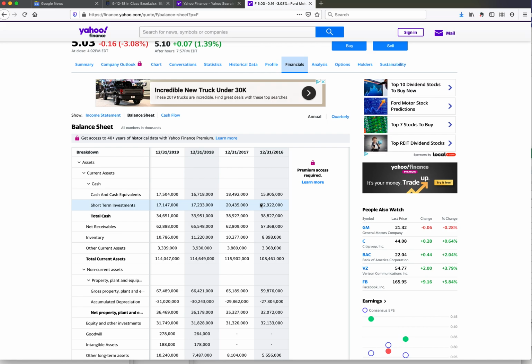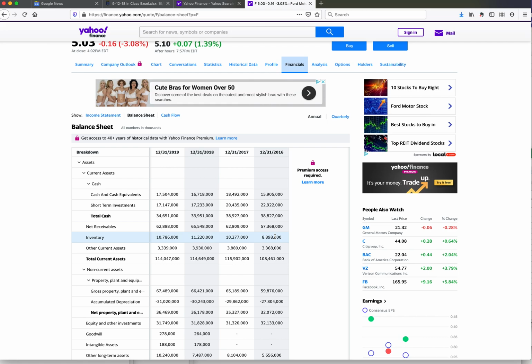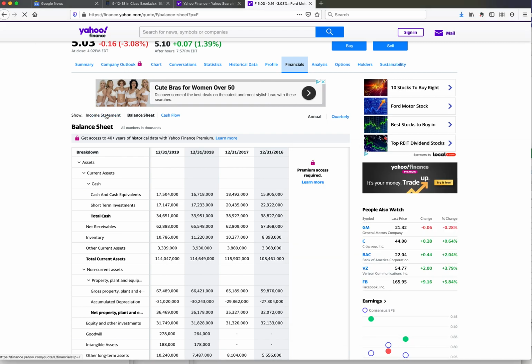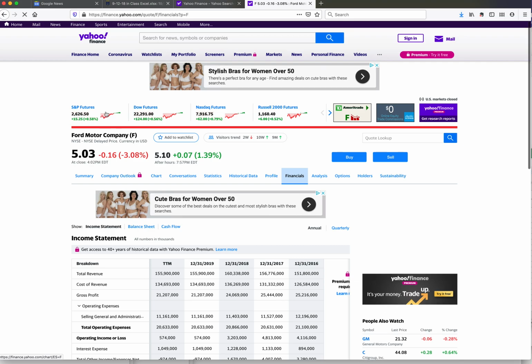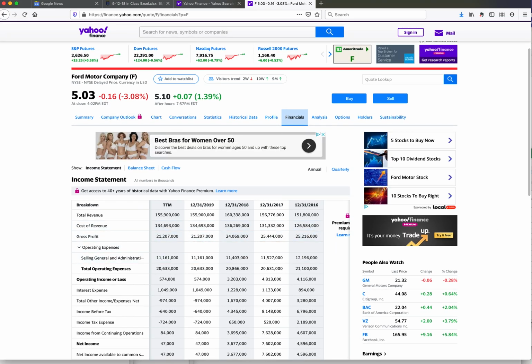And what do we get here? If we look at inventory, when the inventory was here, let's say just to round it off, 9 billion, and that's the number I actually remember. And the cost of revenue is 126.